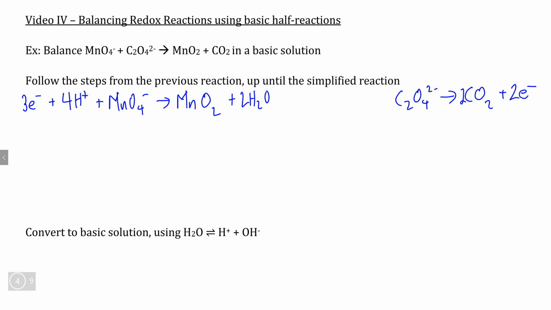Note that the permanganate polyatomic ion has a -1 charge, which means to get the charge down to 0, we need to add an additional 3 electrons to balance out the positive charge from the H+.